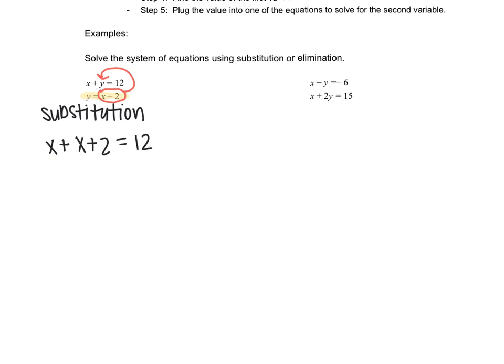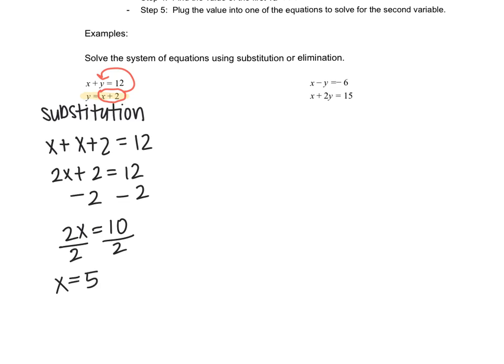Now I have an equation that's only x, which I can use to solve for x. So when I combine like terms, I get 2x plus 2 equals 12. We're going to subtract 2 from both sides, so we get 2x equals 10. Divide both sides by 2, and we get x equals 5.